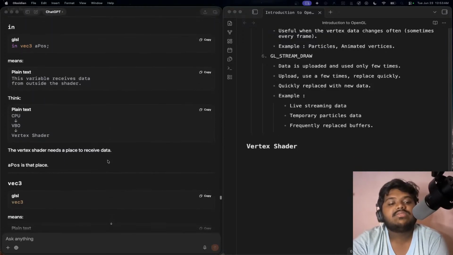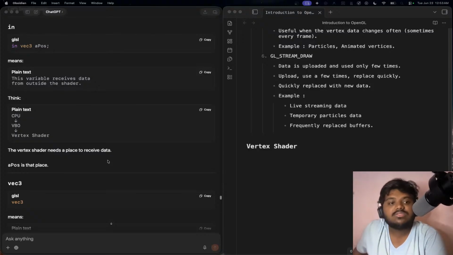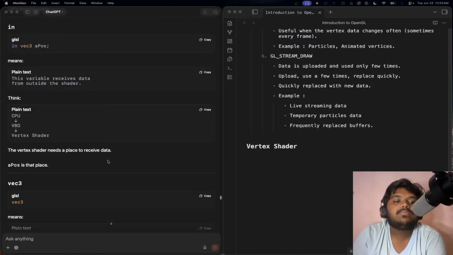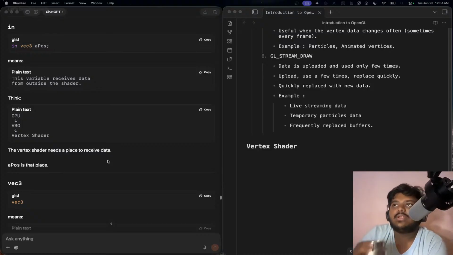Okay, so the vertex shader needs a place to receive data. I kind of understand that the GPU sends the vertex data, and then it goes to the VBO, and then goes to the vertex shader. So that is what is actually happening.